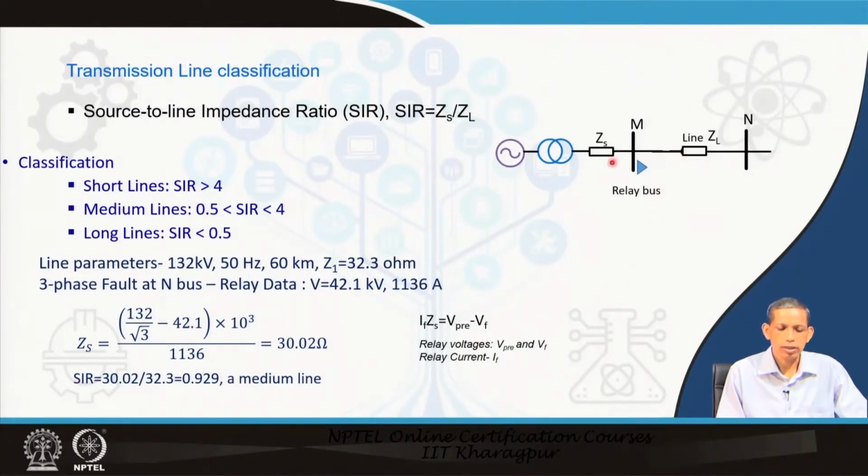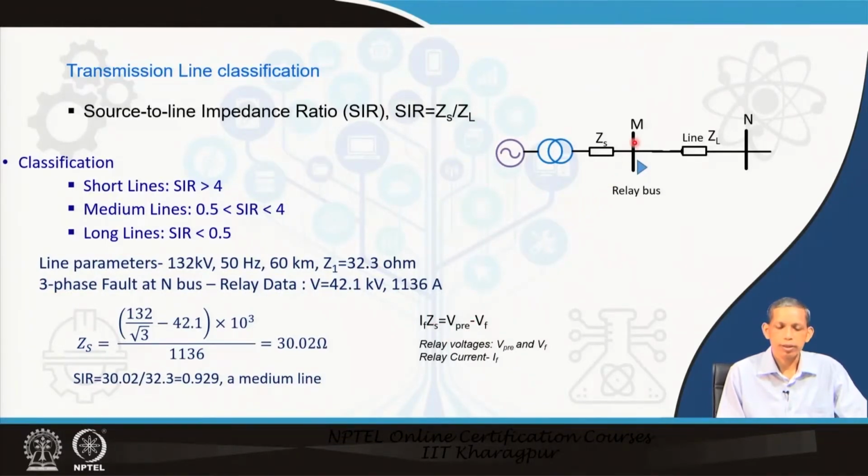So, in that case Vf at this point will be nothing but the corresponding line impedance drop. Therefore, I_f Z_S equals V_pre minus V_f. So, that gives us the scope to find out the Z_S value.